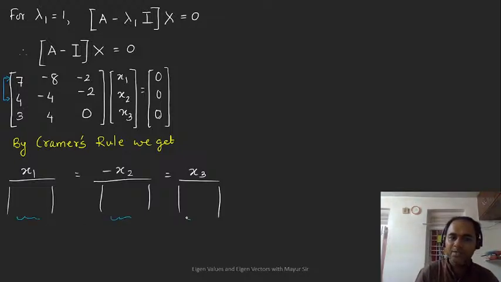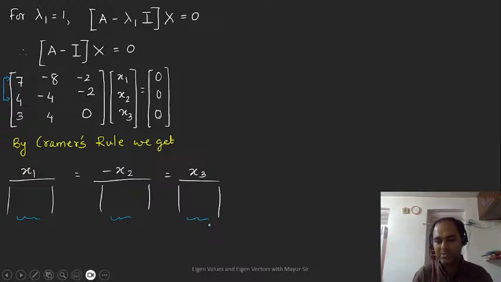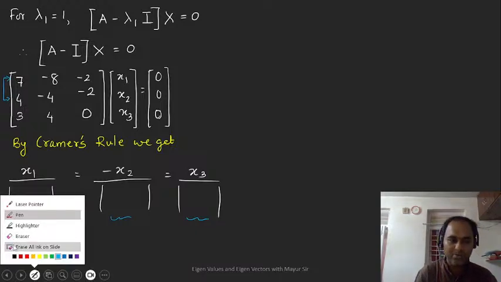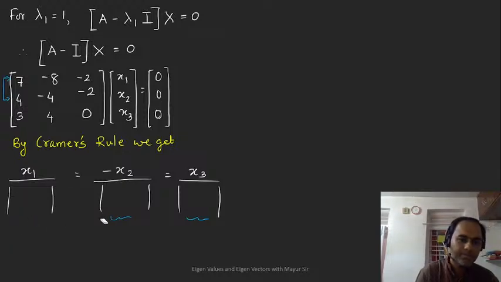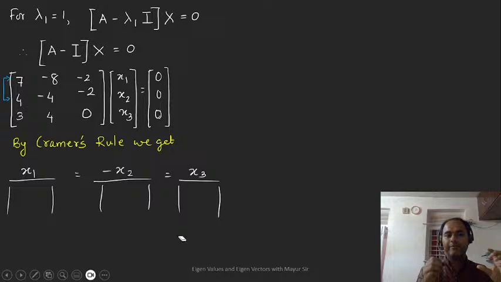You must not get all three values as 0. That means something is wrong. So see to it that you don't get zeros all the time. So we will choose the first two rows for writing this.